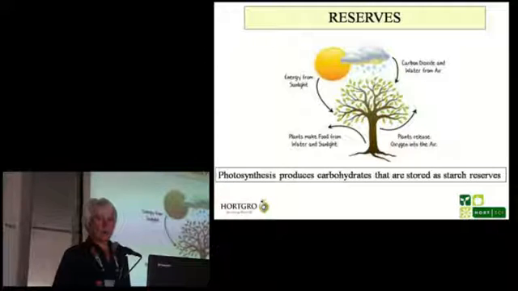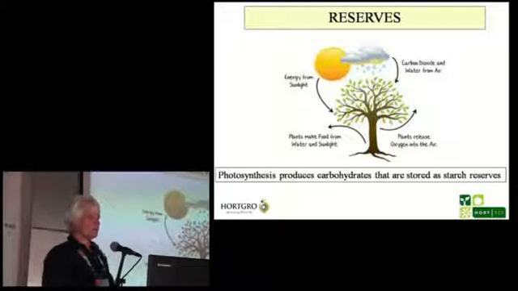So this is the process, and I'm not going to spend time talking about photosynthesis. You're going to have a talk on management of light and why light is important just after me by Michael. But basically, we are farming with light. We need sunshine for photosynthesis to take place.